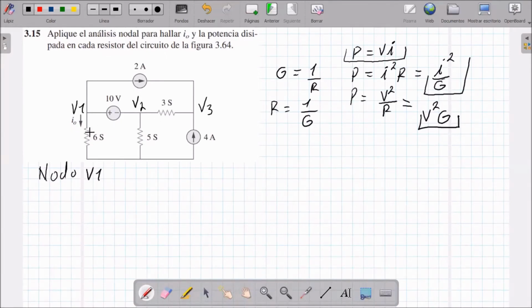The first current I see is the one marked as I sub zero coming downwards. The other current that I see goes upwards, but here let's notice that there is a voltage source between the nodes and that is what we call the supernode. When there's a voltage source between the nodes it is called a supernode.